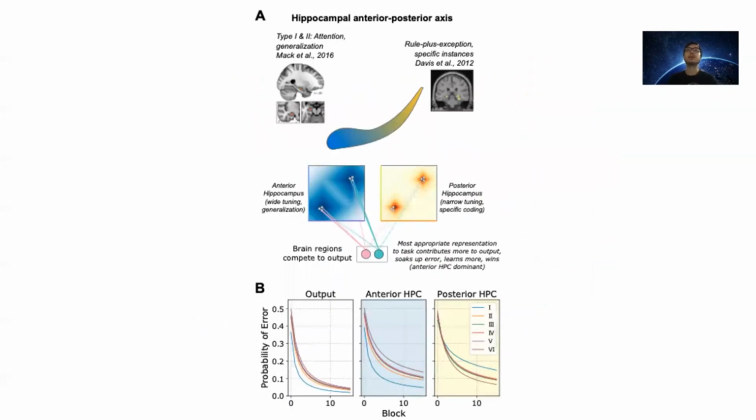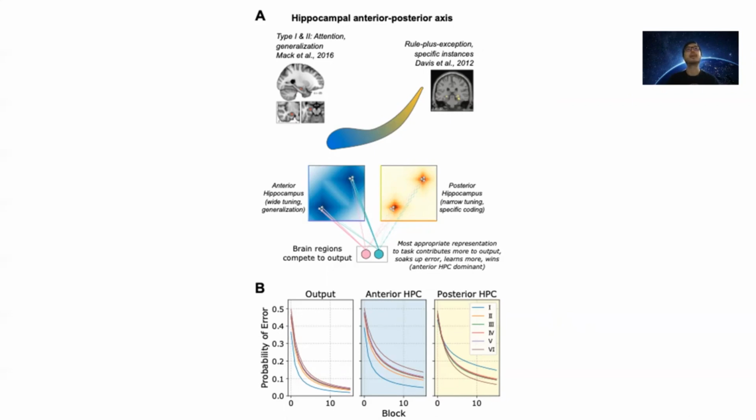Finally, now that we have a population of neurons, we can further decompose the model into two separate modules. So we have 2 brain areas that have different functional properties. We know that the anterior hippocampus and the posterior hippocampus have different tuning properties, such as wide fields versus small fields. And this interestingly relates to attention in the category cognitive model as well.